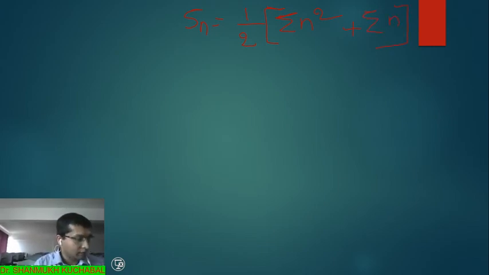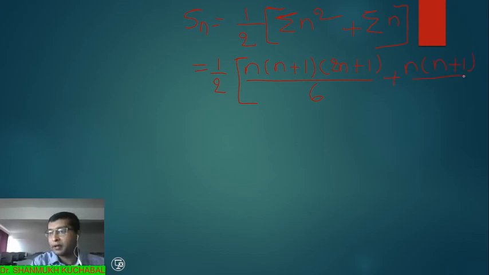Then 1 by 2 as it is, summation of n square is n into n plus 1 into 2n plus 1 divided by 6, and summation of n is n into n plus 1 divided by 2.